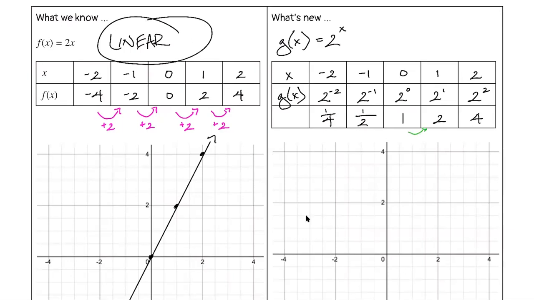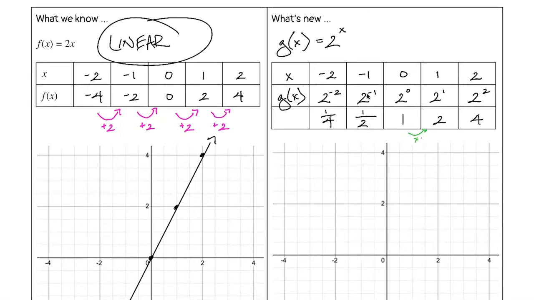What's one way that I could get from 1 to 2? Multiply by 2. Yeah. Now, so times 2. Does that still work for going from 2 to 4? Yeah. So times 2. Okay. Does that work to go from 1/2 to 1?